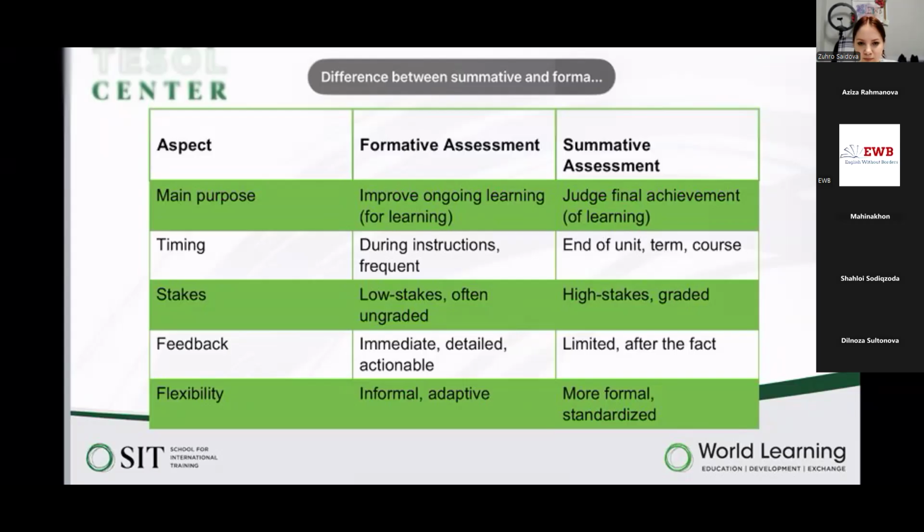So here are the differences between formative and summative assessment, and you can clearly see what these two types of assessment do and how they are different. Even though they are types of assessment, they are different from each other. So let's move to the next slide.